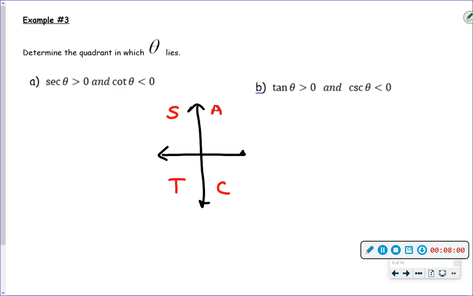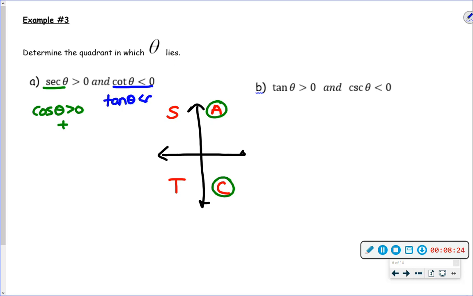So right away on A, I see secant. Well, whatever's true for secant's true for cosine. So cosine's greater than 0. Greater than 0, of course, means positive. So I'm going to look over here. Cosine is positive in 1 and 4. Everything's positive in 1 and 4. We've got to narrow it down here a little bit. Now, cotangent. Of course, whatever's true for cotangent is also true for tangent.